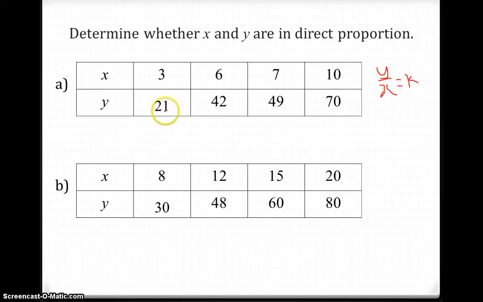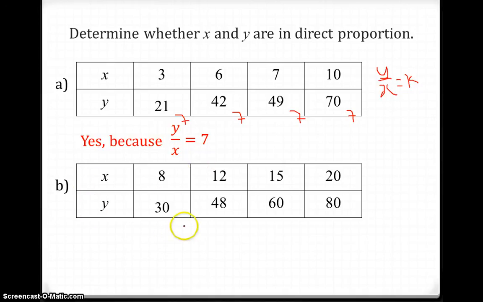So let's determine. 21 divided by 3, you will get 7. 42 divided by 6, 7. Yes, likewise, all these will give you 7. So this is a direct proportion case because y over x is equal to 7.